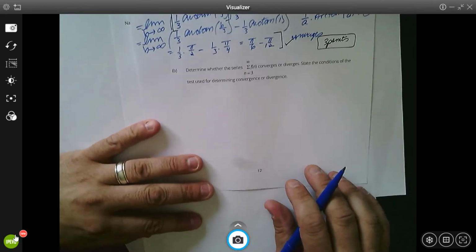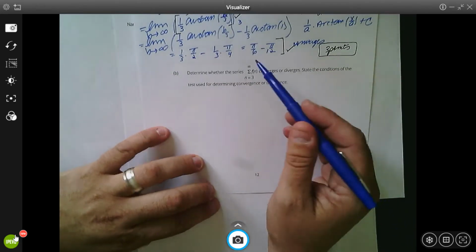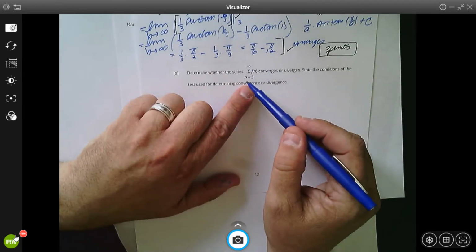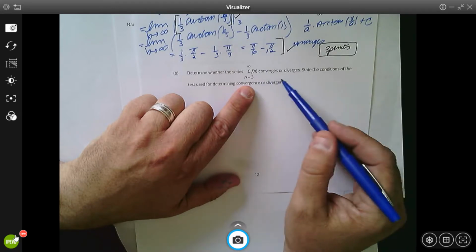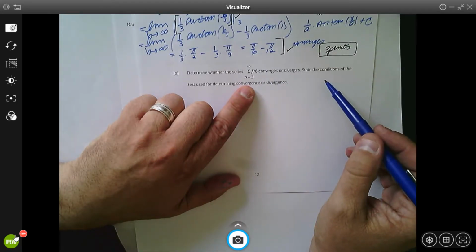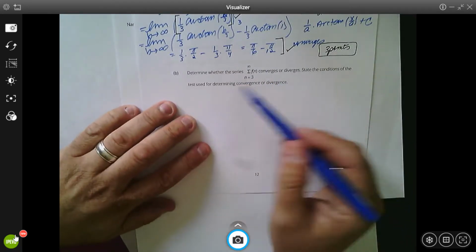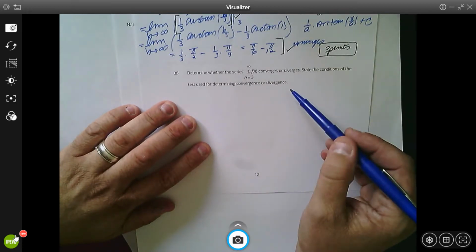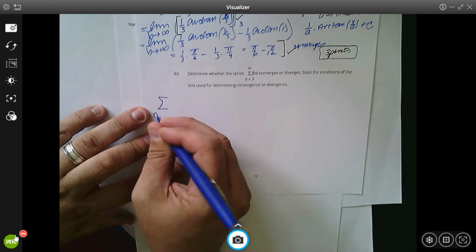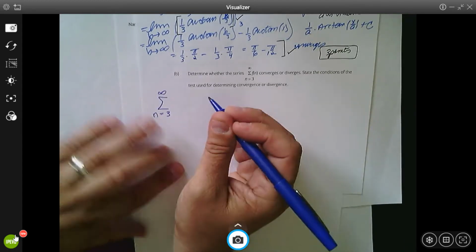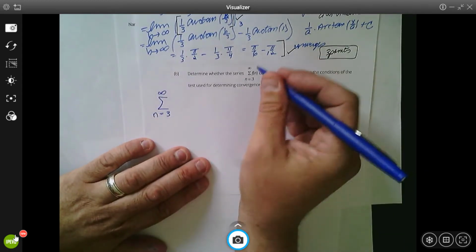In part B, we need to determine whether the series from n equals 3 to infinity of f of n converges or diverges. Then state the conditions of the test used for determining convergence or divergence. Let me write this out for a second. We're being asked to talk about the series from 3 to infinity, f of n.